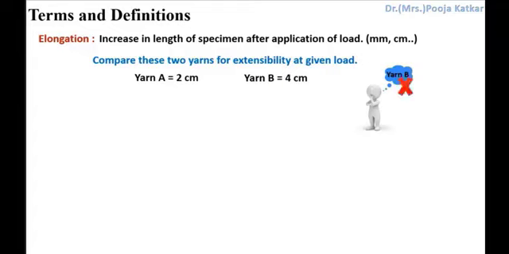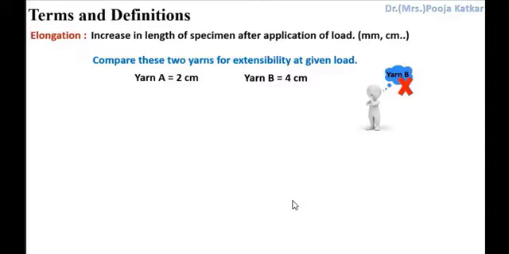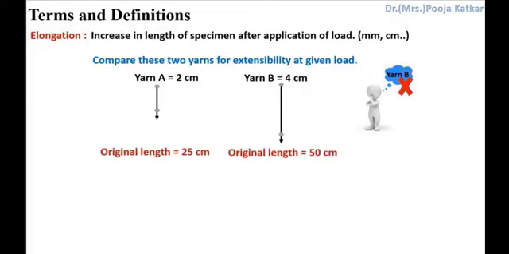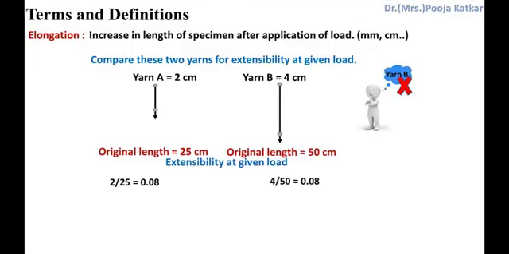But here also you may go wrong, because the test conditions may be like this. Yarn A might have been tested with a 25 centimeter test length, while yarn B might have been tested with a test length equal to 50 centimeter.